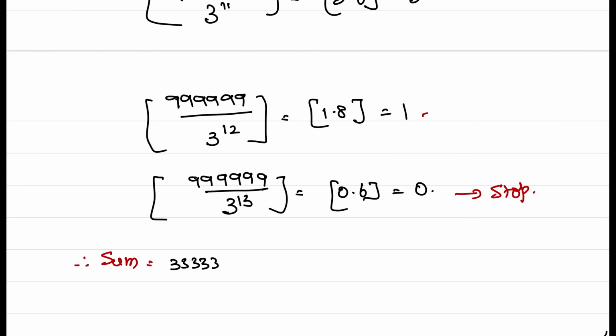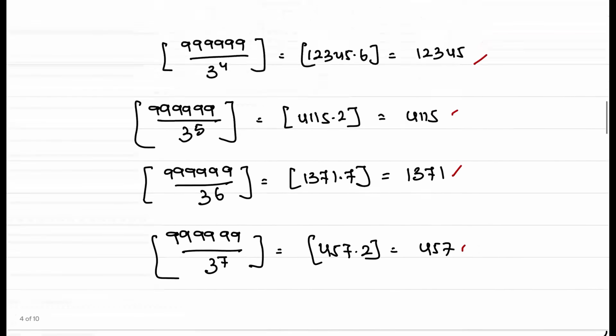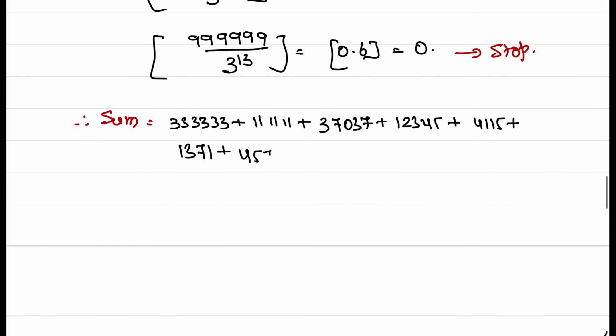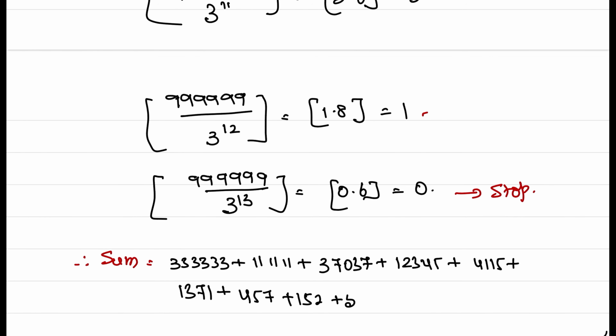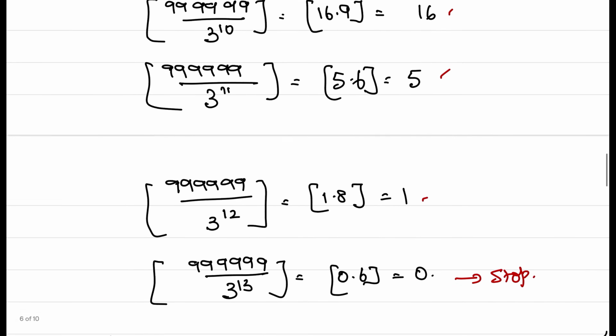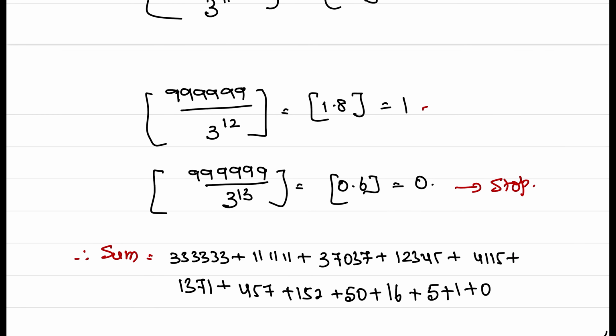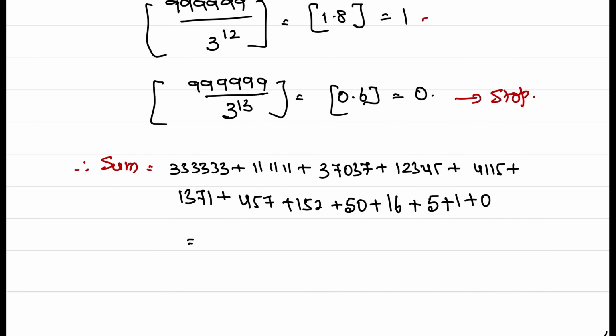Double three plus double one plus 37037 plus 12345 plus 4115 plus 1371 plus 457 plus 152 plus 50 plus 16 plus 5 plus 1 plus 0, that is equal to 499,993.